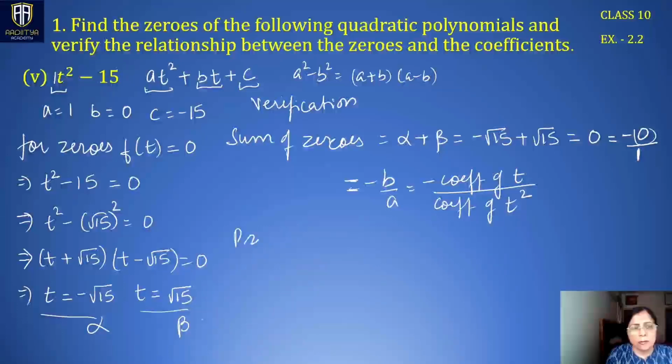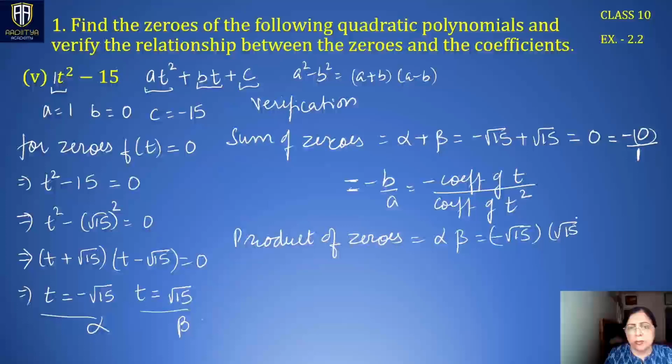Next we have product of zeros. So for that we have alpha times beta. Alpha is negative root 15 and beta is positive root 15. So their product is equal to negative 15. Ideally it should be equal to c by a.